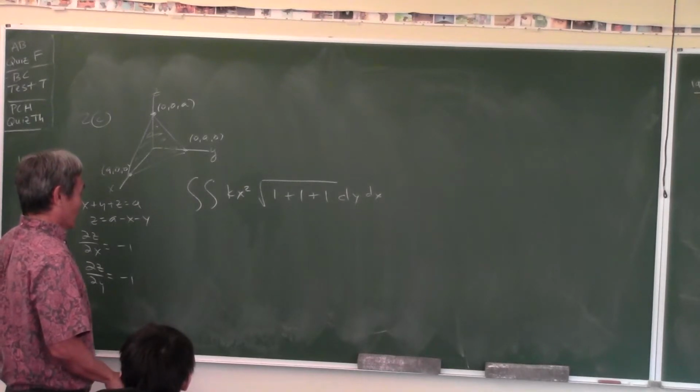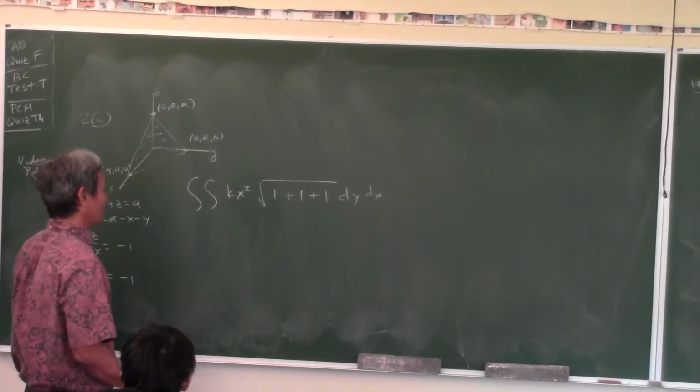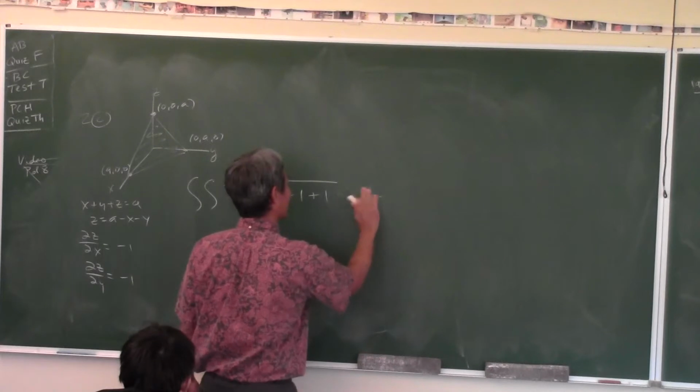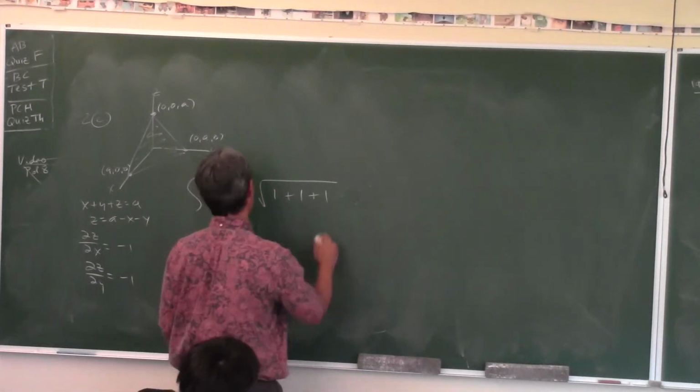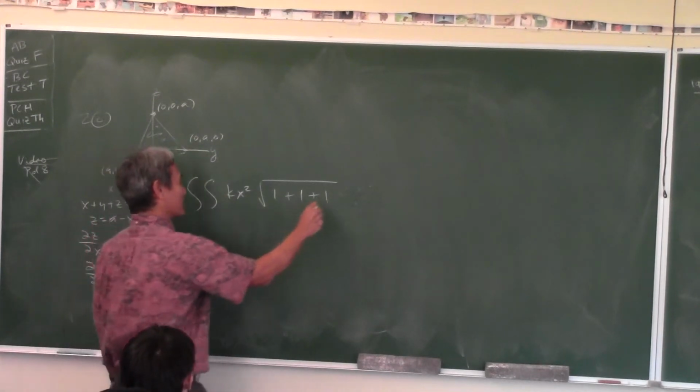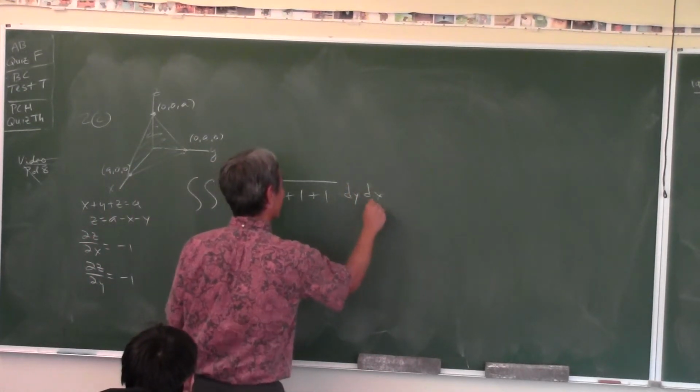So it looks like we need to integrate with respect to x first. No, actually it doesn't matter. You know what? I changed my mind. We're going to integrate with respect to y first.